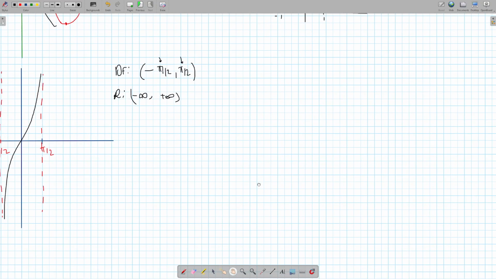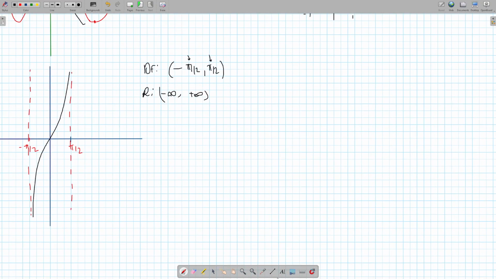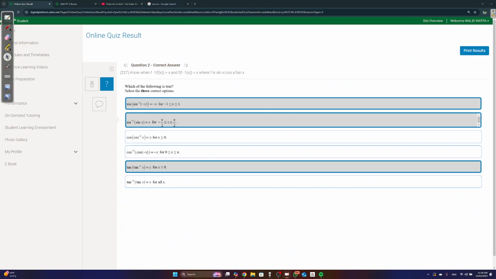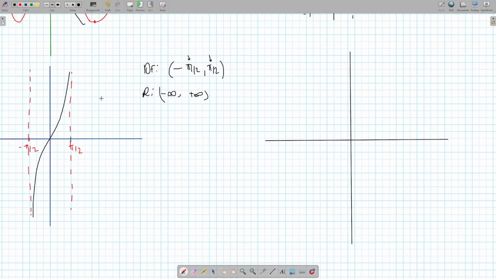Anyways, when you get tan inverse, it's the same thing, but just the other way around. Let me do a line like this, one more like this. Tan inverse, this one I'm not going to Google because I actually remember it. What's going to happen now for tan inverse? We swap the range and the domain, right? The domain now is minus infinity to positive infinity.